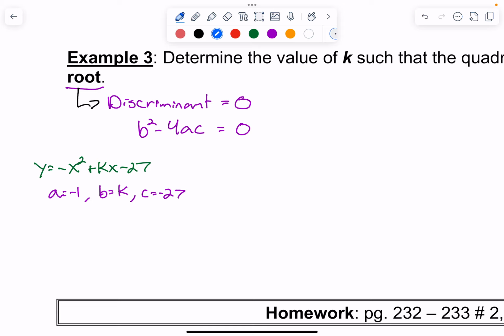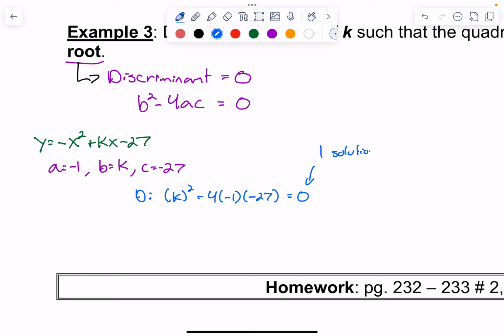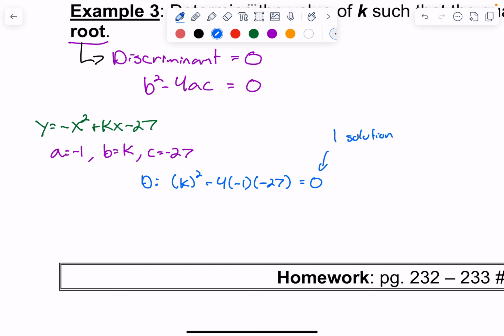So plug that into your discriminant formula. So our discriminant is b squared, which would end up being k squared, minus 4, our a is minus 1, our c is minus 27. It's all equal to 0, because again, we only want one solution.